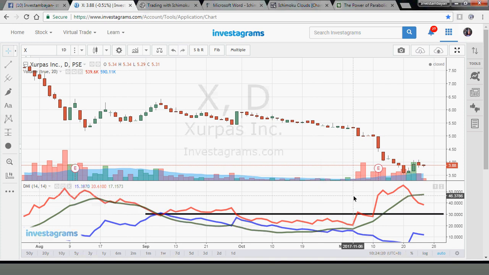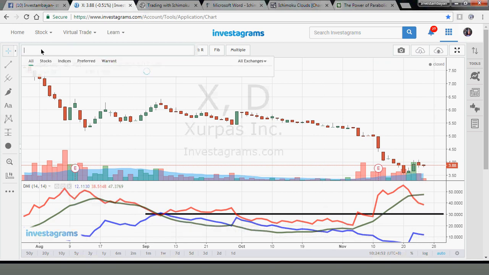When ADX is above 30, negative DI, negative directional index, itong red, nasa taas siya ni blue, positive DI, that is considered, ang tawag dyan, downtrend. Nakikita nyo yung significance? Downtrend yan, strong na downtrend yan. Okay, so pag strong na downtrend, ina-avoid natin yan.